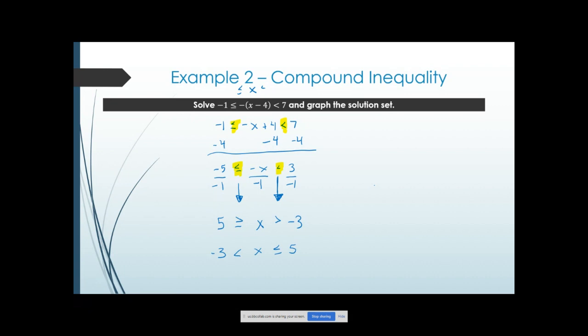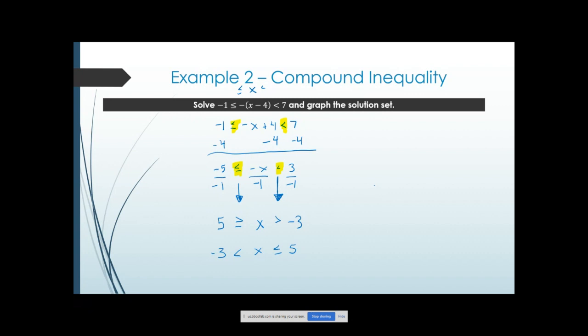And so it's best to first reverse the inequalities when you're dividing by a negative, and then, if needed, reverse the entire inequality. You don't always have to do that last step. So that's why I don't try to do it all at the same time, because sometimes you don't need to do that.